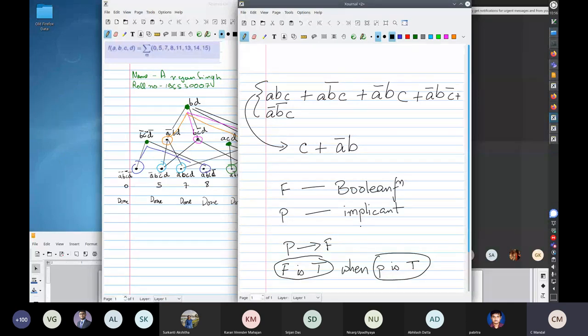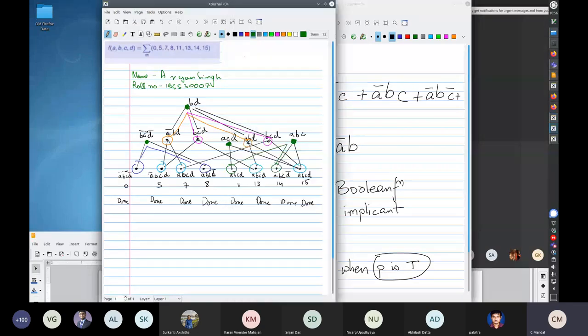So all of the minterms in the onset are implicants. Whenever any of these minterms is true, the function is also true.